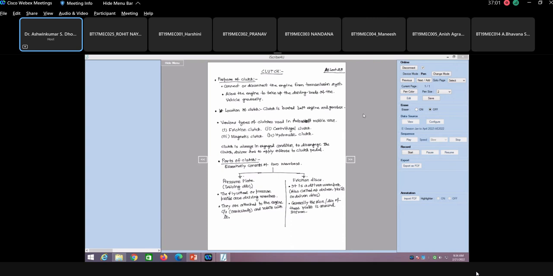These are splined to clutch shaft or transmission input shaft, that means gearbox, transmission input shaft.